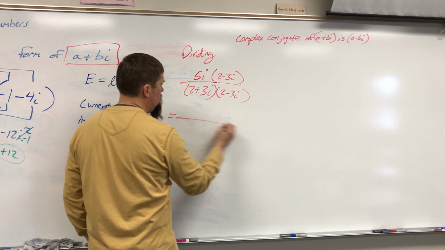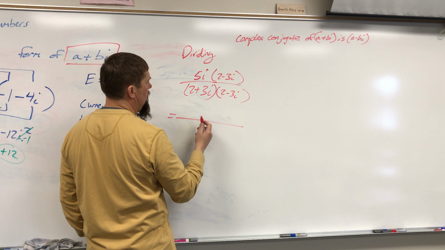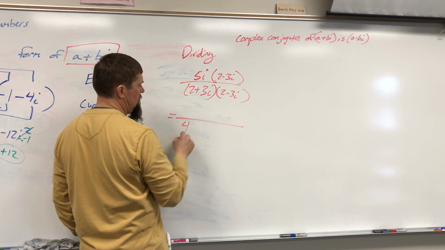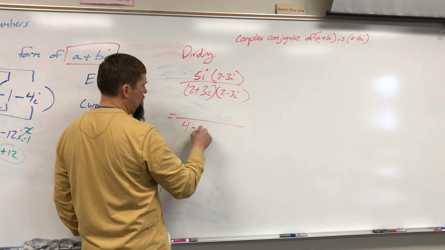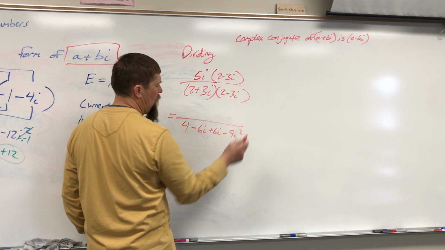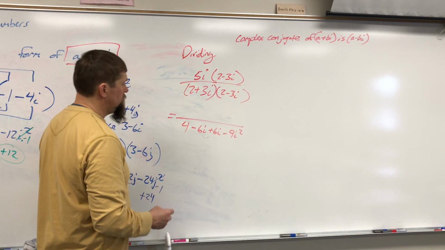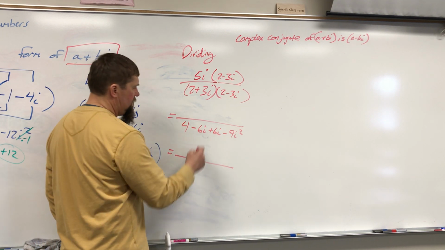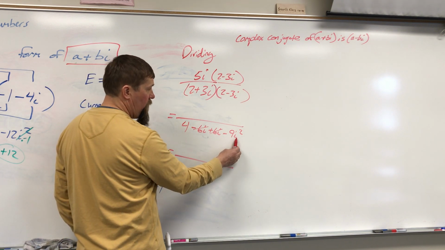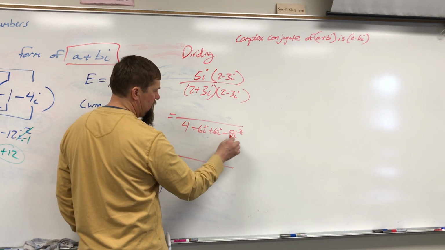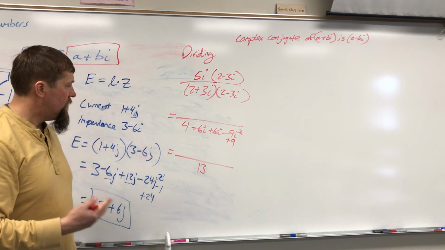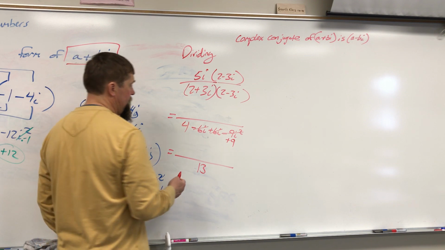So when I multiply, I am going to FOIL the denominator, which ends up to be 4 minus 6i plus 6i minus 9i squared. This cancels those i's out. Of course, i squared is -1, which makes this a positive 9. So the denominator is 13, which no longer has an i in it.